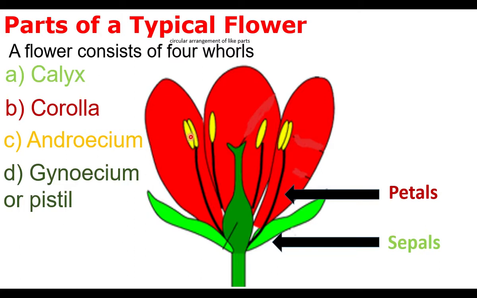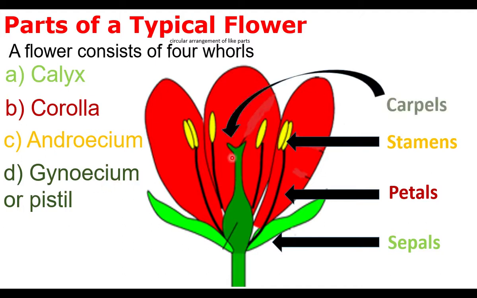Androecium is the male part of a flower. The androecium is made up of stamens. The stamens form the third whorl called androecium. The central part of a flower is gynoecium. Gynoecium is made up of carpels. If we open the gynoecium, we can find the carpels.